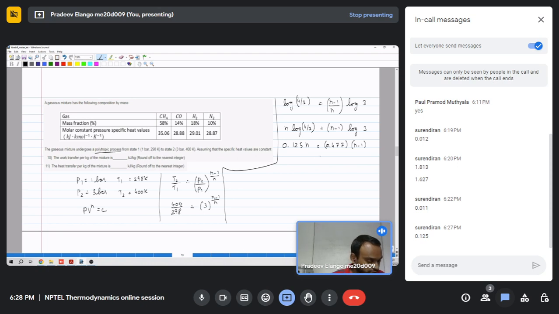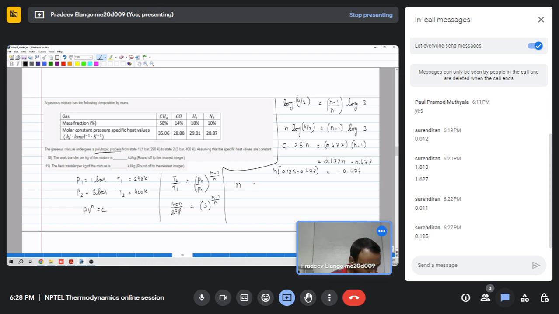So we have 0.477 n minus 0.477. Taking n on one side, we will have n into 0.477 minus 0.125 equal to 0.477.